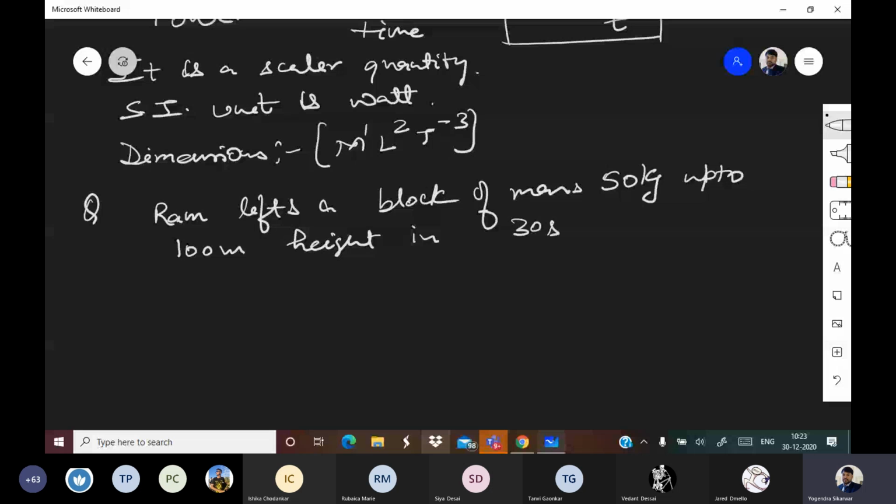Find the power delivered by Ram. Please give me the answer.